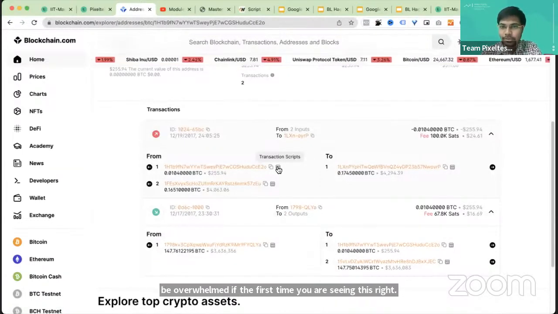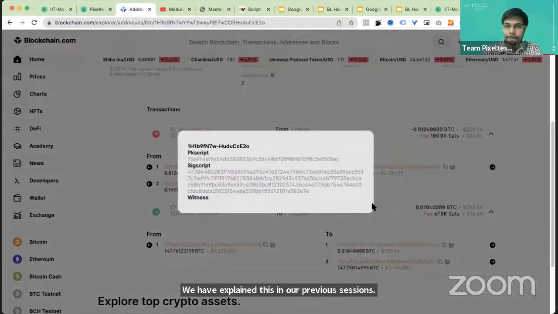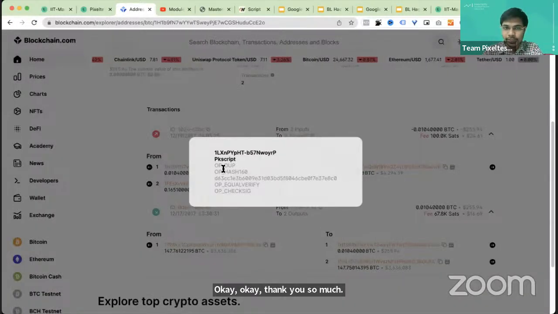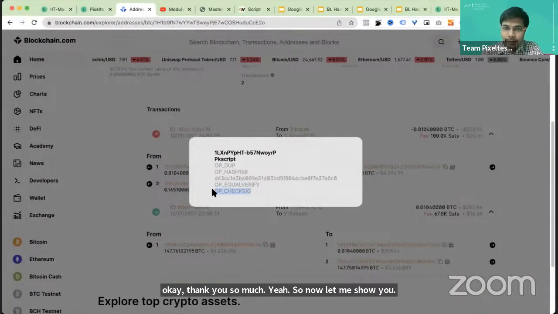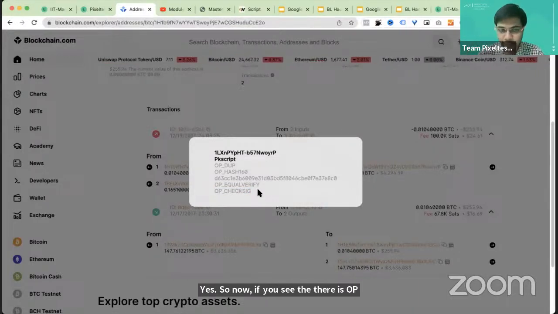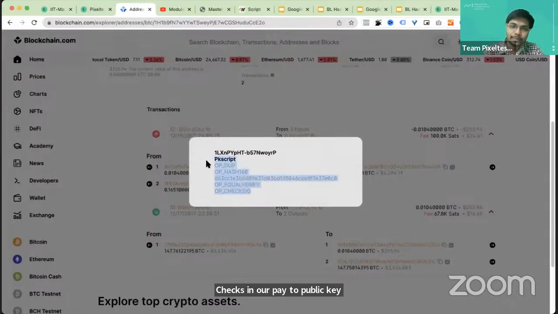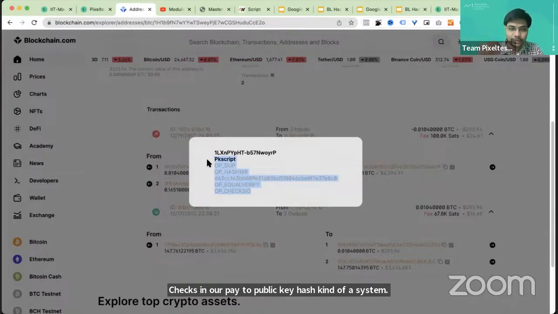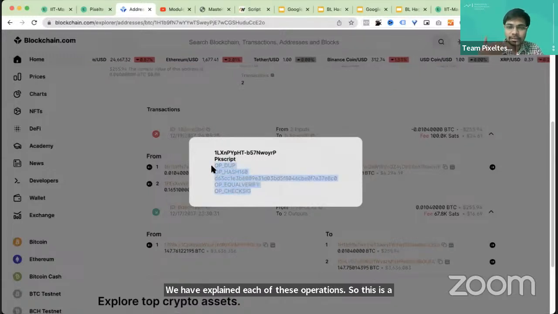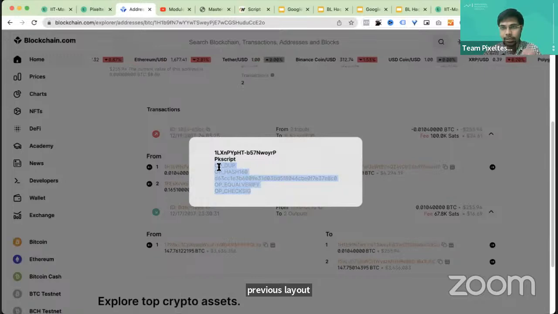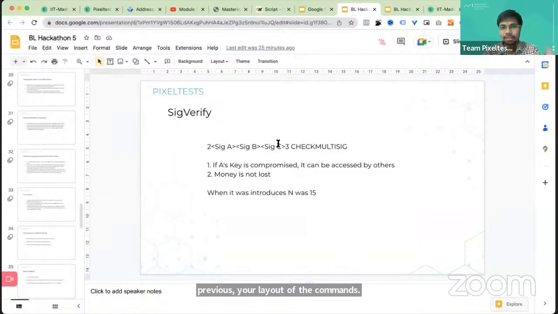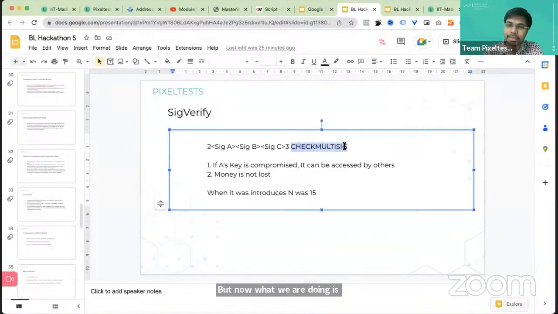Yeah. So now if you see there is OP_CHECKSIG in our pay to public key hash kind of system. For people who have joined recently, in our previous sessions, we have explained each of these operations. So this is the previous layout of the commands. But now what we are doing is the command here will be CHECKMULTISIG.